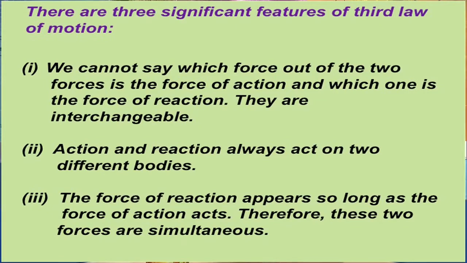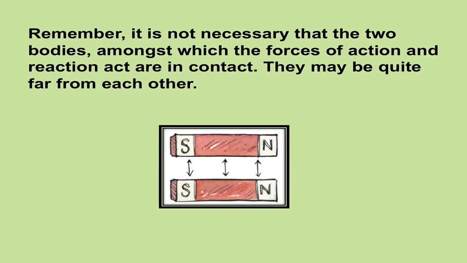Therefore, these two forces are simultaneous. Remember, it is not necessary that the two bodies amongst which the forces of action and reaction act are in contact. They may be quite far from each other. For example, attraction or repulsion between two magnets can take place even without being in contact.